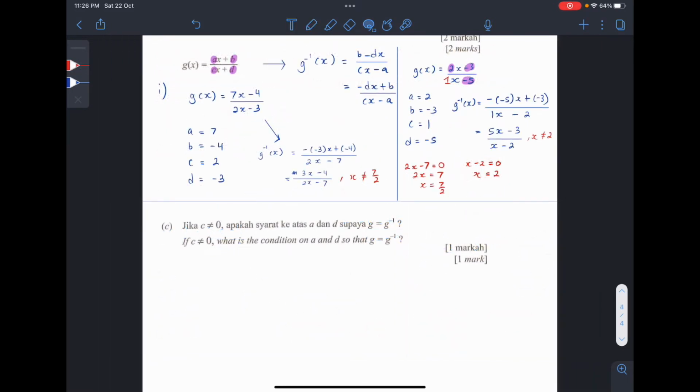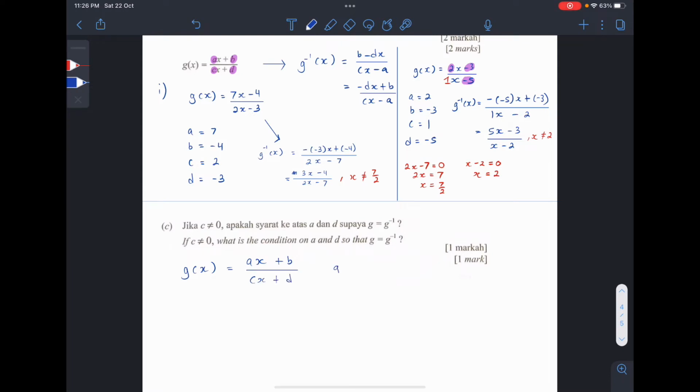So we are at our last part for question number 1. If C does not equal 0, what is the condition on A and D so that g equals g inverse? What I'm going to do here is write down my previous g(x), which was g(x) equals (ax plus b) over (cx plus d).